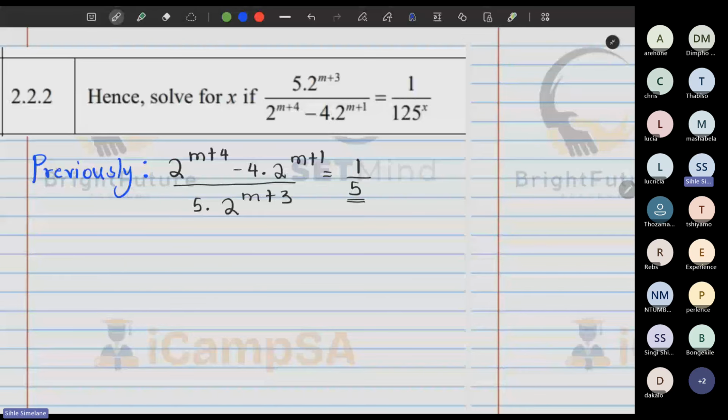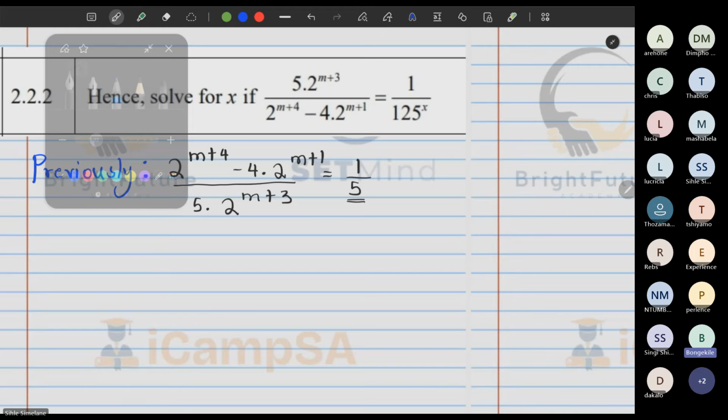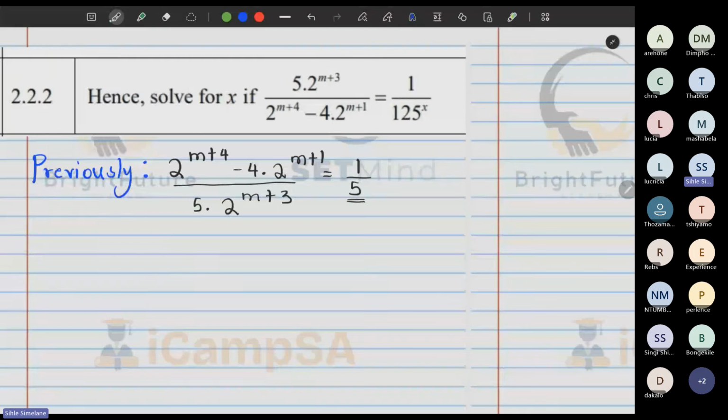So what do you think is happening here? Where's the geniuses? Guys, open your eyes wide. So they swapped the sums around. Since our final answer for the previous question was 1 over 5, it means that everything there equals 5.